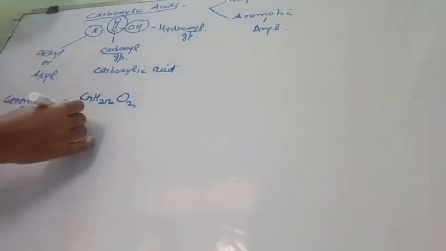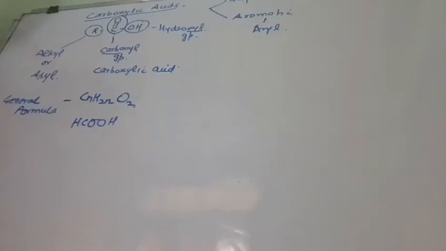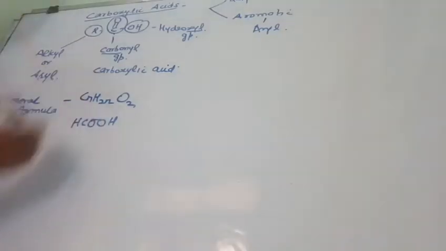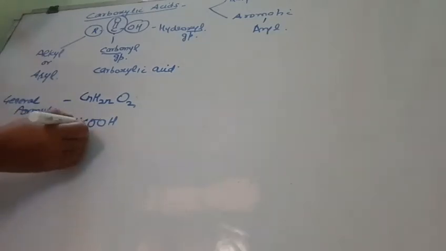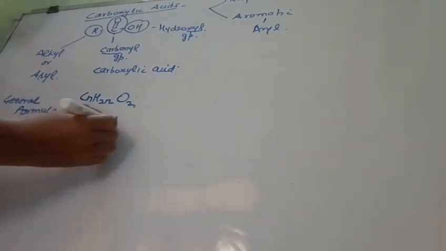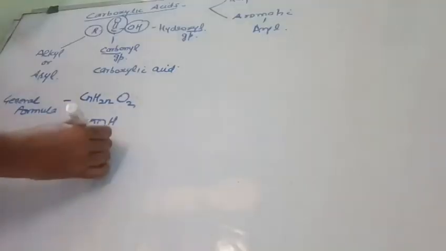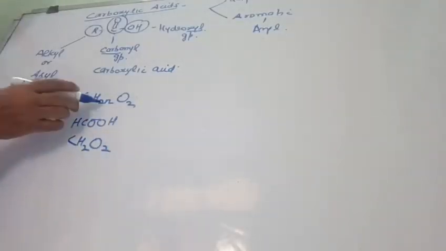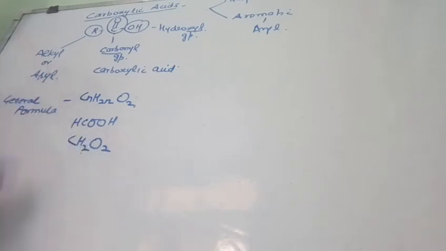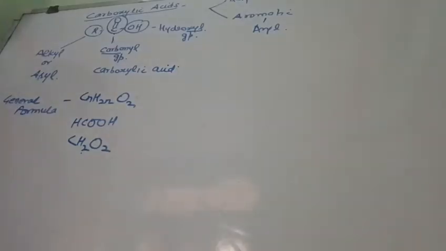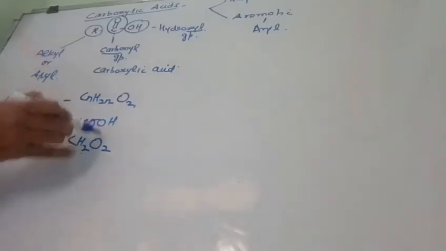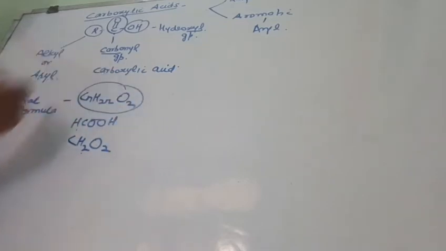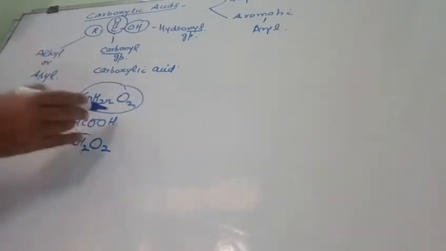Suppose we have the very first compound of carboxylic acid, that is methanoic acid. If you count the number of carbon, there is 1, hydrogen there is 2, and oxygen 2. So CH2O2. So 1 carbon, double hydrogen means 2 hydrogen, and O2. So the general formula for monocarboxylic acid is CnH2nO2.